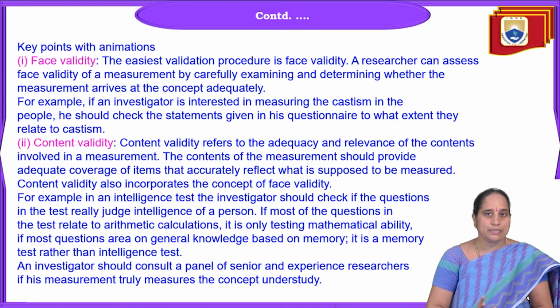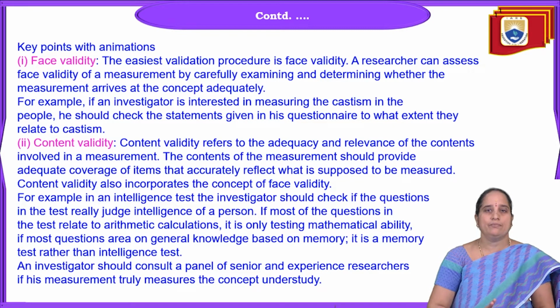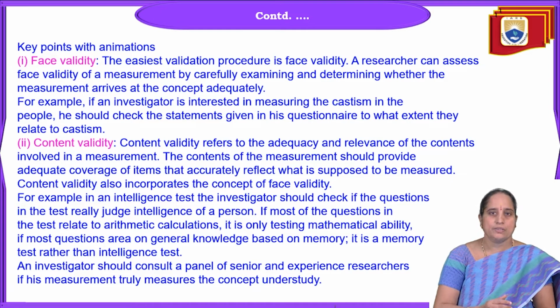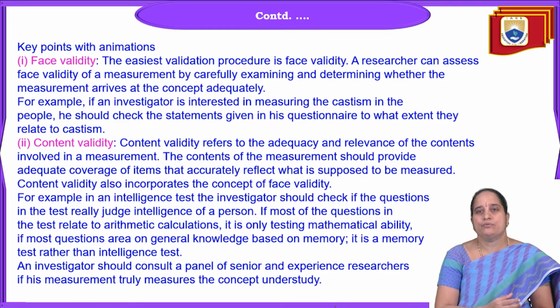Then the second one is content validity. It refers to the adequacy and relevance of the contents that are specified in a questionnaire. The contents we use in the study should provide adequate coverage of items.